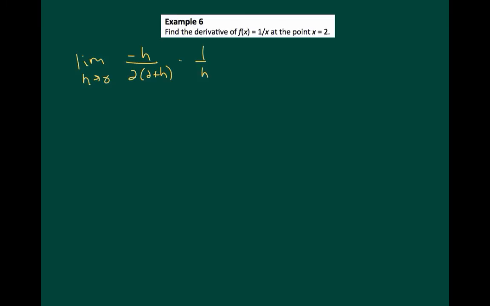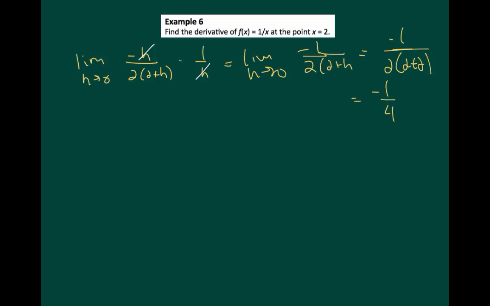Okay, just to bring us back to where we were at the end of that slide, the h's will cancel out, and I'm left with the limit as h approaches 0 of negative 1 over 2 times 2 plus h. Now I try substitution again, and I get negative 1 over 2 times 2 plus 2, and I find that the value of the derivative is negative 1/4.